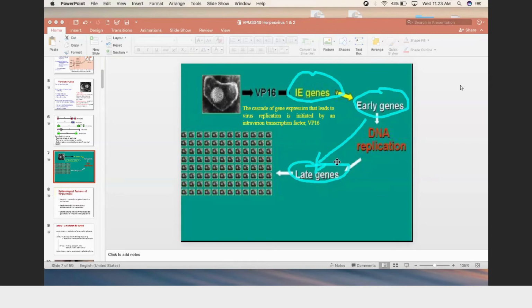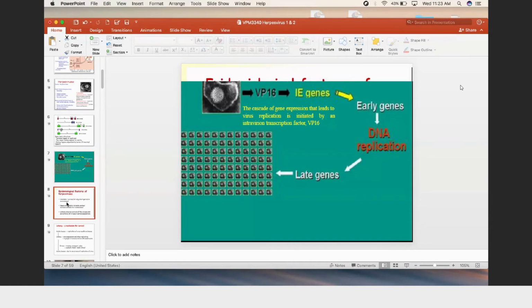But late genes will suppress early genes, and early genes will suppress IE genes, so that these won't be continuously produced at high amounts. Suppress means they reduce the amount of production.